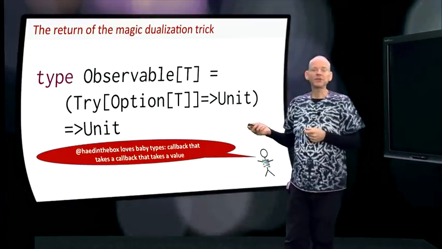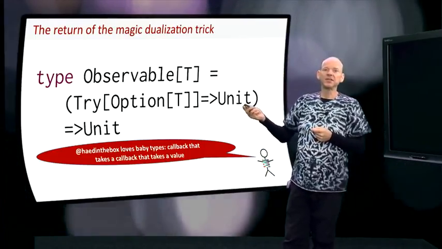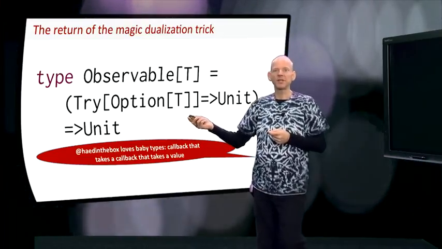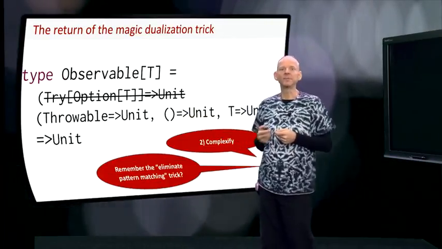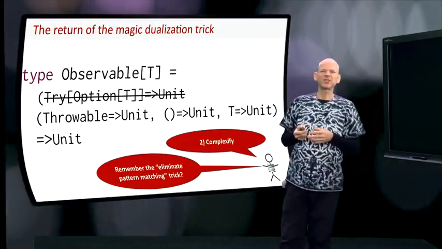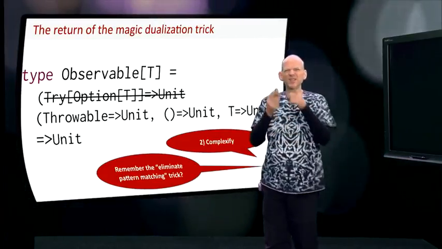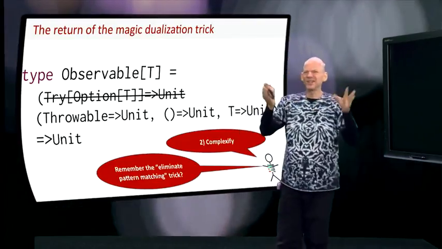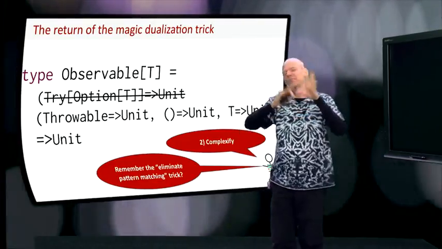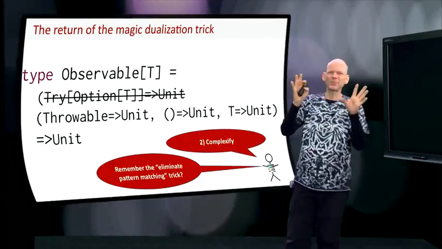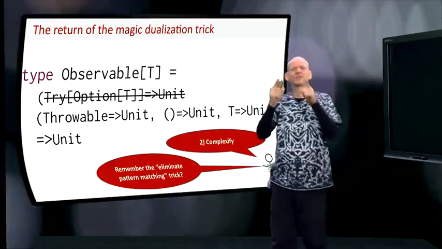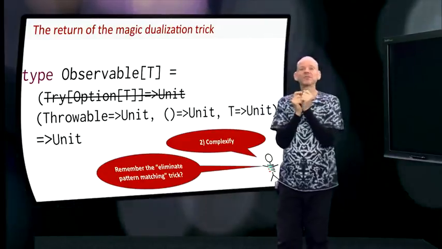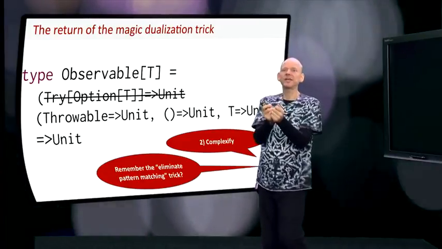Now the first thing we're going to do is look at what part of this we can turn into its own thing. And that is this ugly Try of Option of T. As I said, it requires pattern matching and all the complexity. In the end, a function that does pattern matching on a value of Try of Option of T will have three cases.